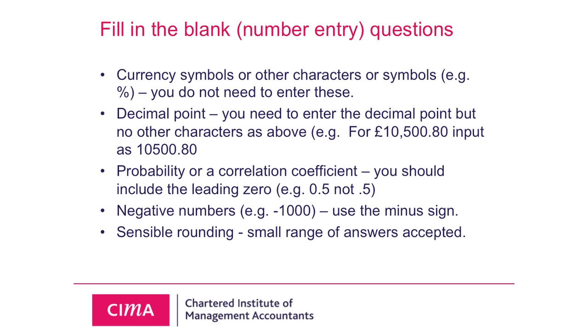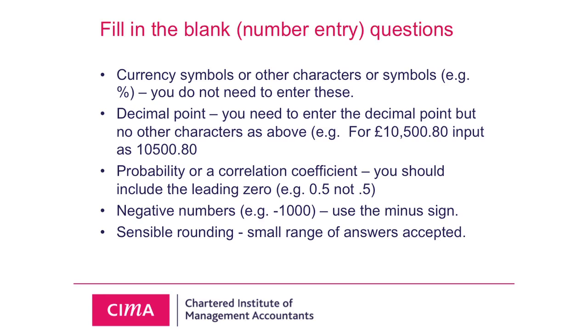When expressing a decimal, for example, a probability or a correlation coefficient, you should include the leading 0. That is, you should input 0, decimal point and 5, not just decimal point and 5. Negative numbers should be input using the minus sign.